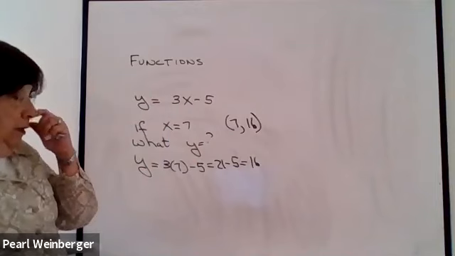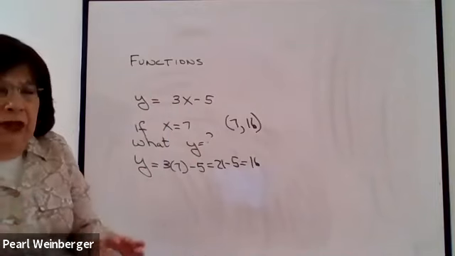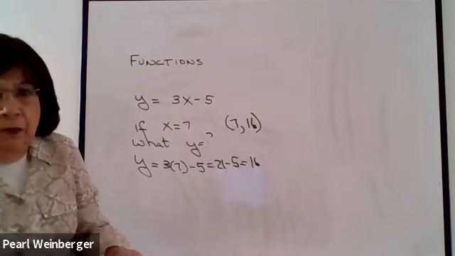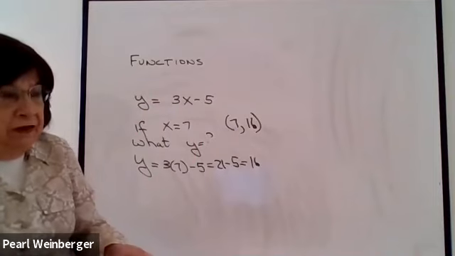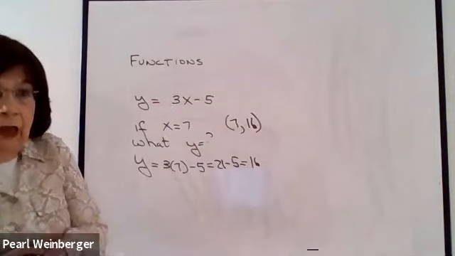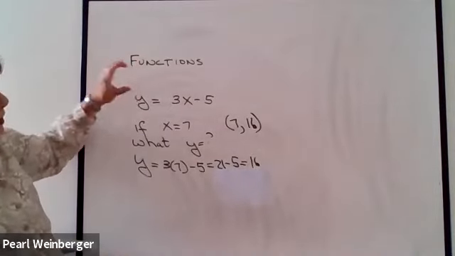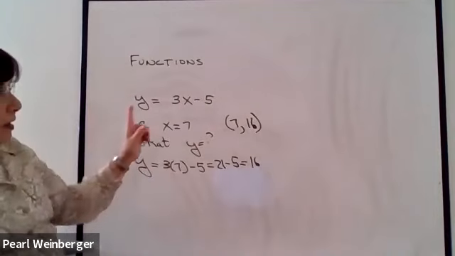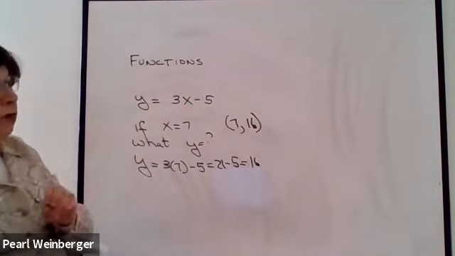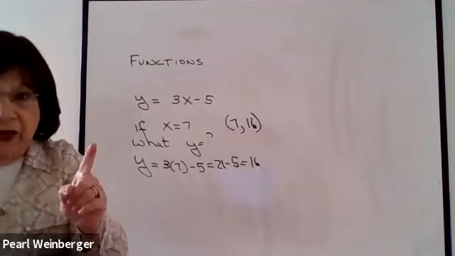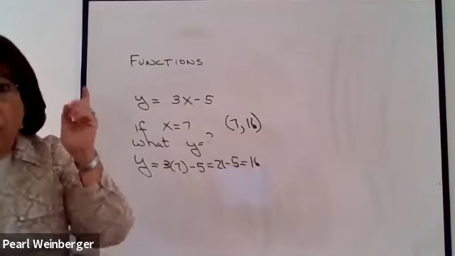Now, to really pinpoint the importance of this relationship, what we notice is that if I give you one value for x, you're going to get exactly one value for y.